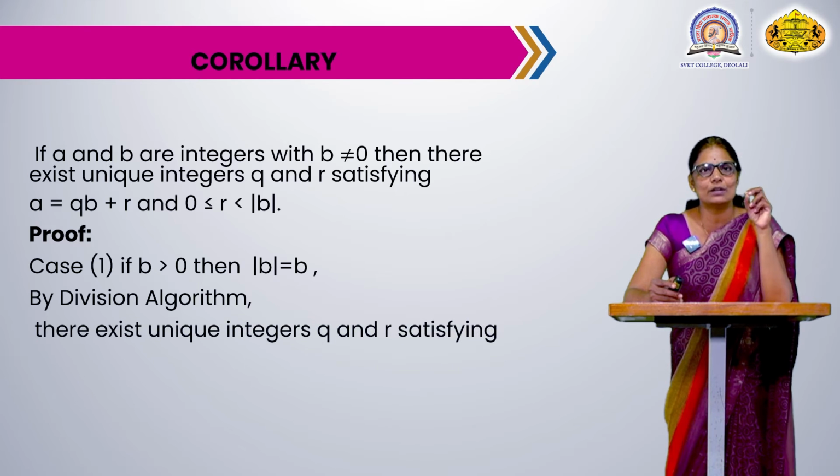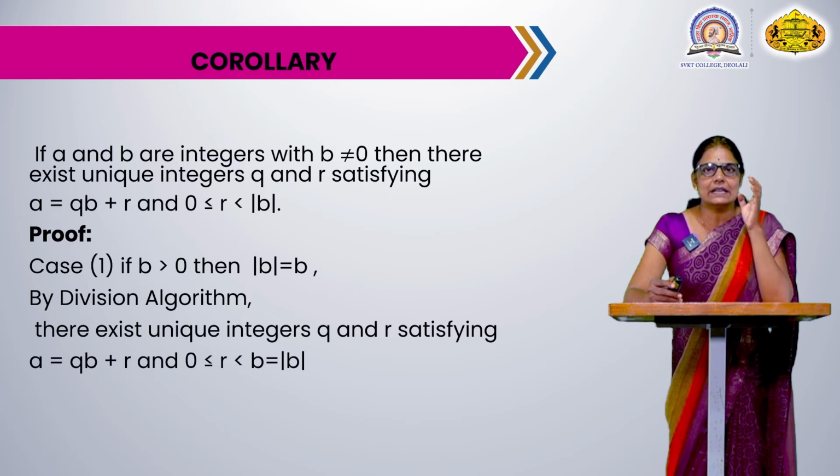By the division algorithm there exist unique integers q and r satisfying a equals qb plus r with 0 less than or equal to r less than b. But here b is positive, so mod b equals b itself. So we replace b by mod b. Hence our result is true in the case b greater than 0.